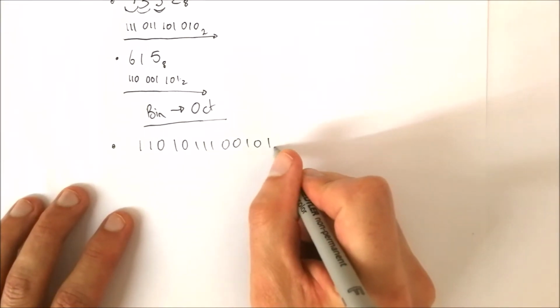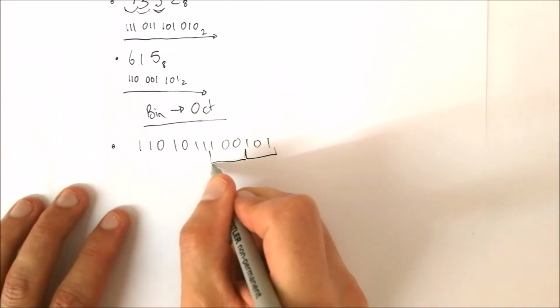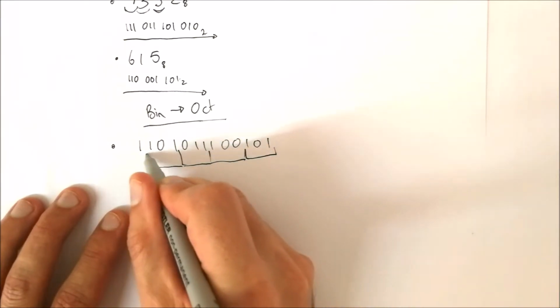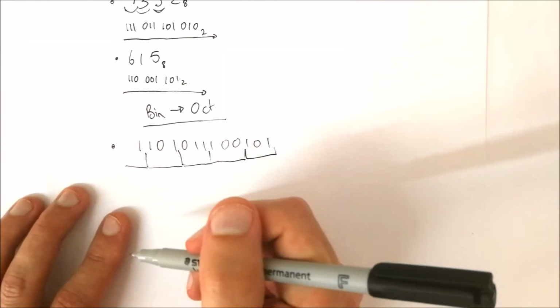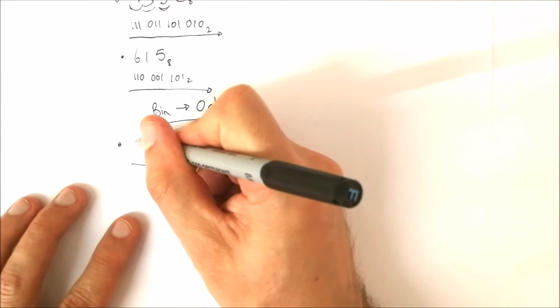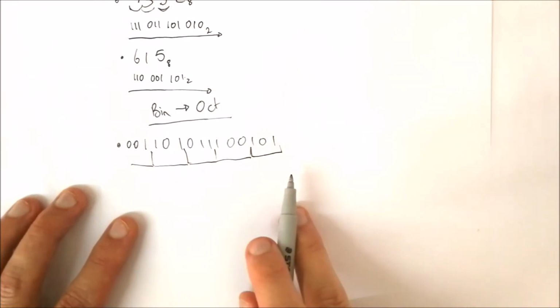So over there we've got 3 bits, over there 3 bits, over there 3 bits, over there 3 bits, and then we've got 1 bit over there. If we place 2 zeros in front of it to make it 3 bits, it's not going to change the value of this number.